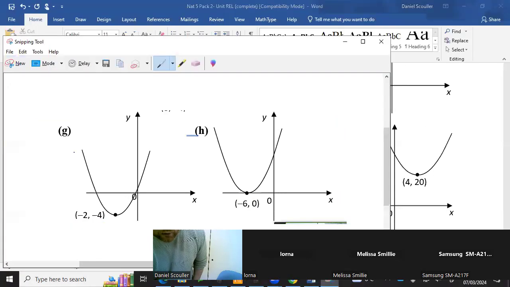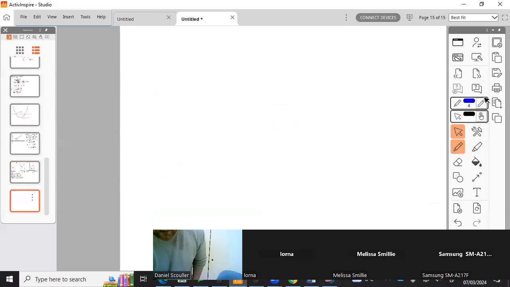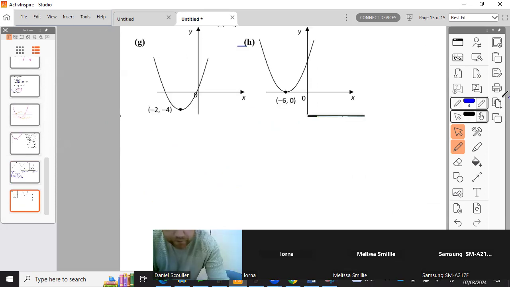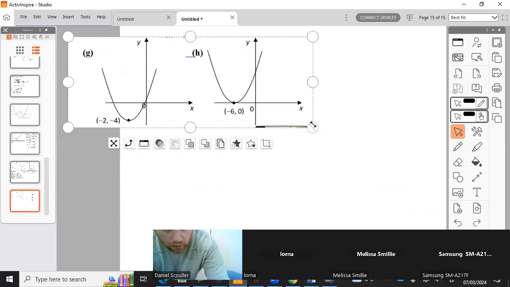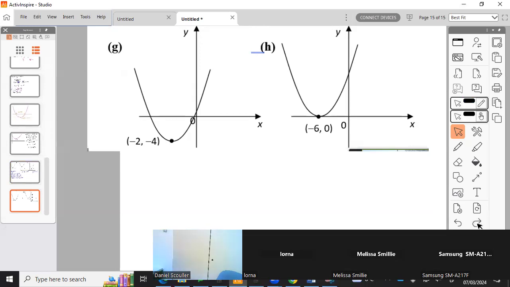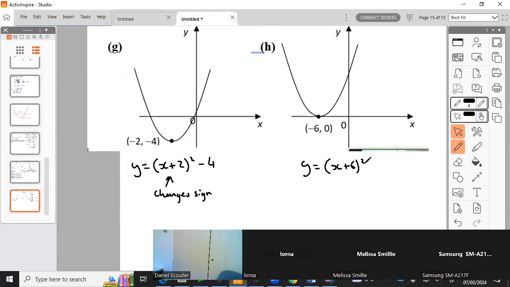So these two graphs here, even though it says -2 here, in our equation when we write it out, this changes sign. Yeah, still -4.